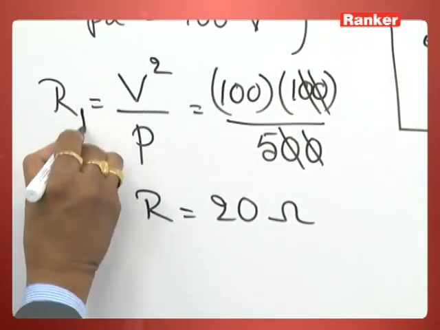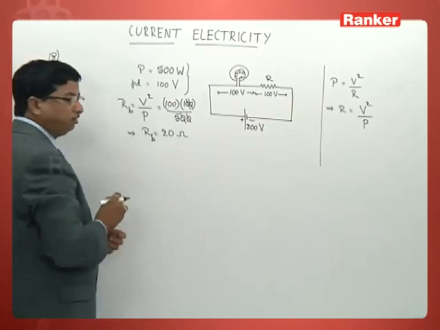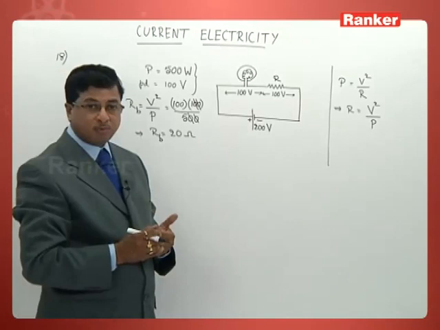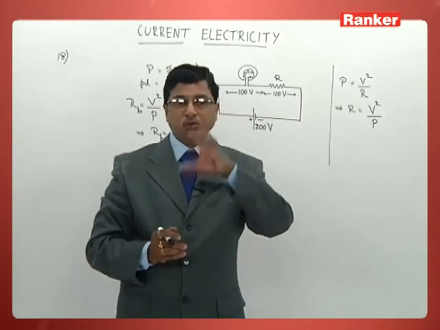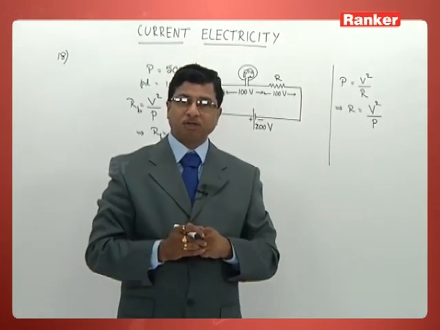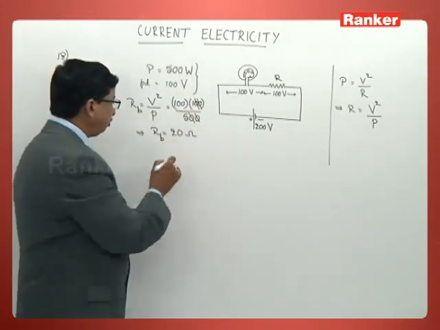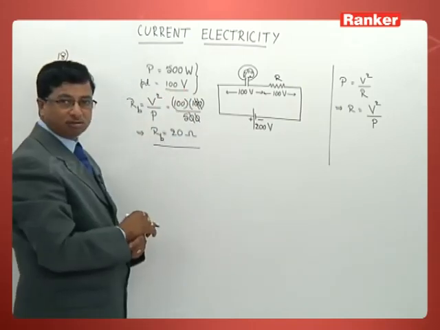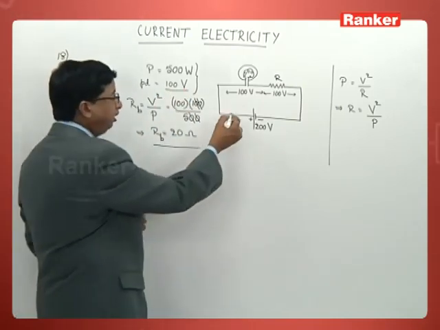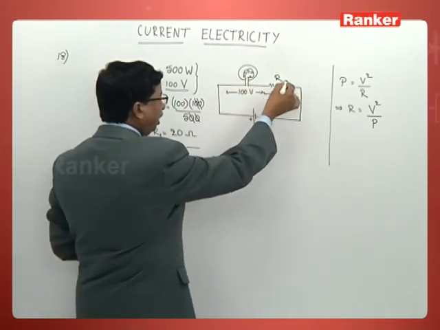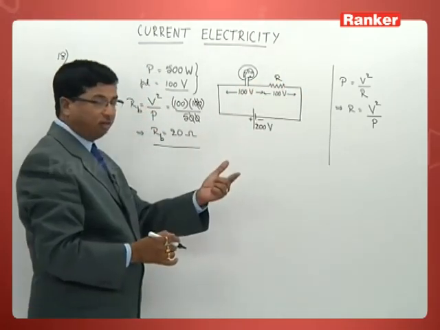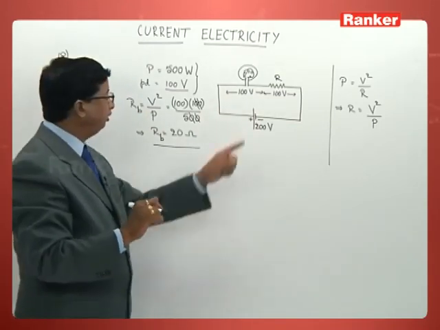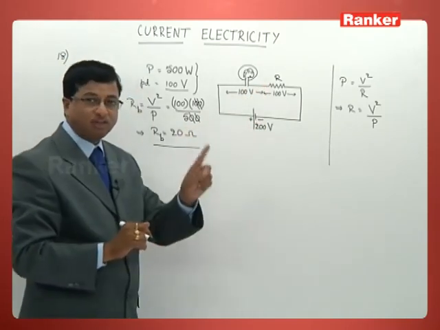In fact, what is this resistance actually? This is the resistance of the bulb. Resistance of the bulb means the filament that has been used in that bulb. So the resistance of the bulb is 20 ohm, and the PD across that one is 100 volt. But you know very well, the PD across the bulb and the PD across the resistor are both equal. When will they be equal? When these two resistances are also equal.